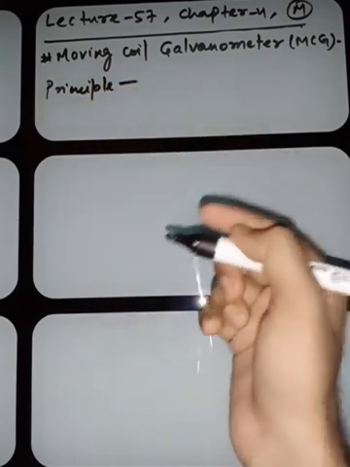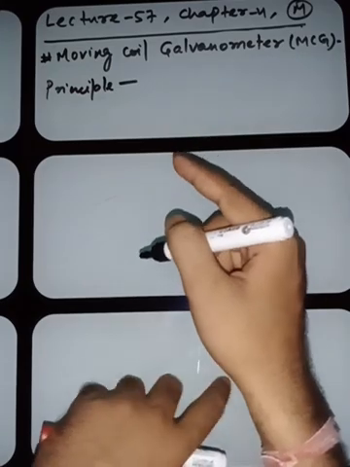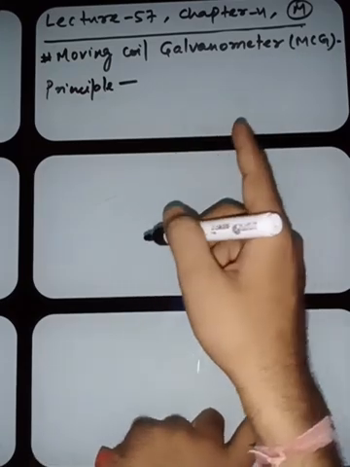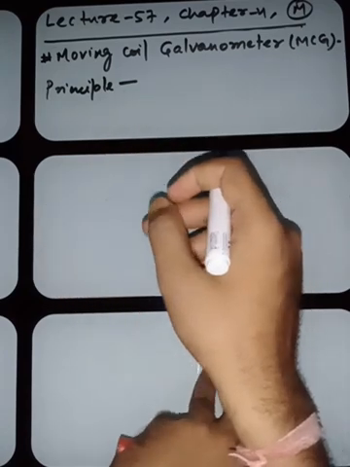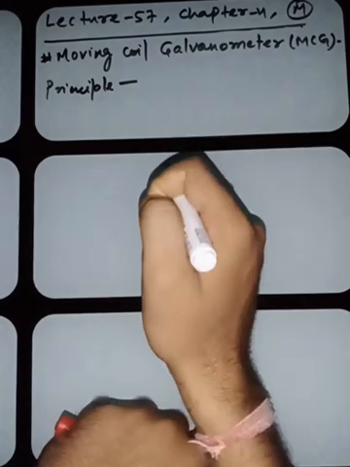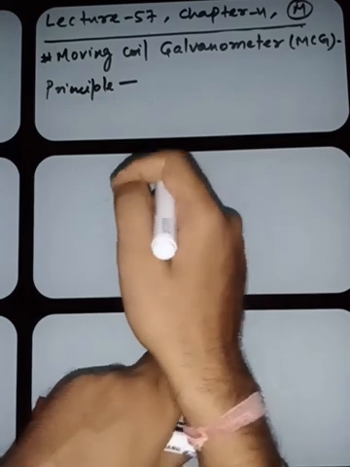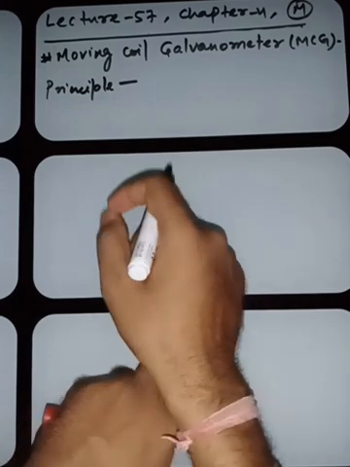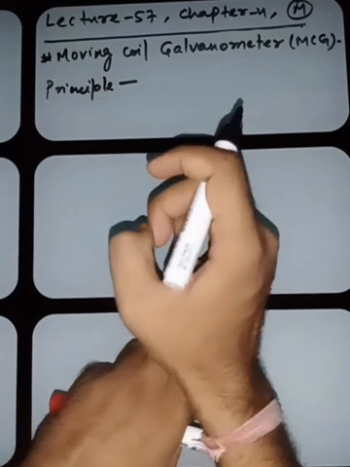My dear students, you won't get the principle right now, you only have to write it, but after making the diagram I'll explain this principle. Okay, so the principle is, it works on the principle of torque. When a current carrying coil is placed in a magnetic field, it experiences some torque.